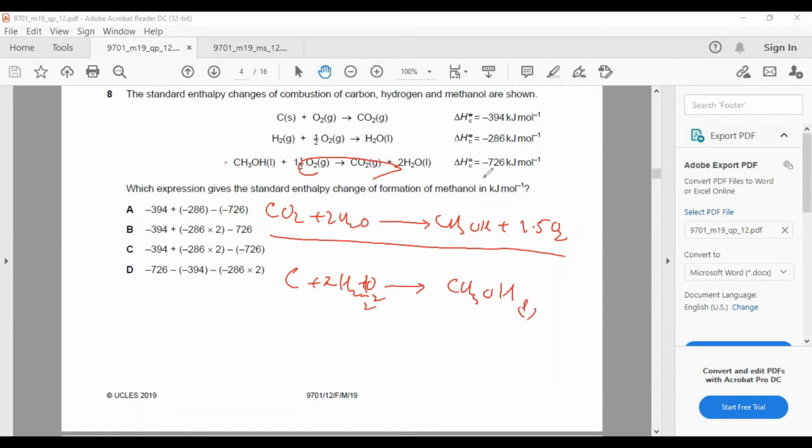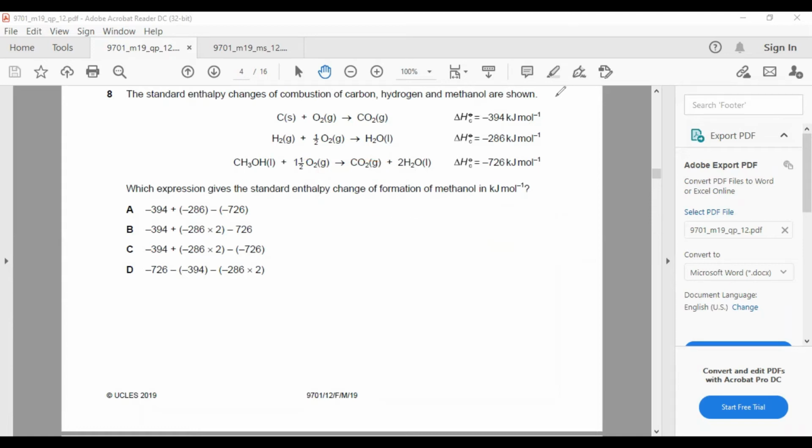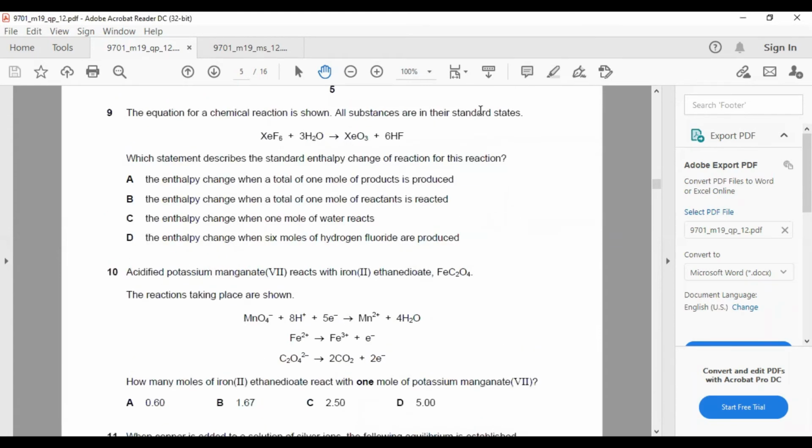So flip this, the sign will be positive, and then add. So there are 4 methods to solve this question. Whatever method you feel easier, you do. The first one was the easiest. Number 9.